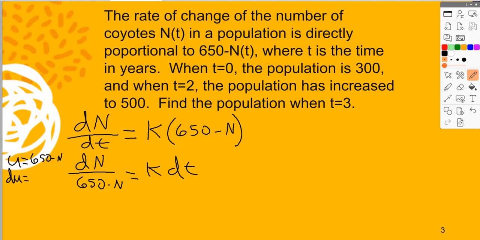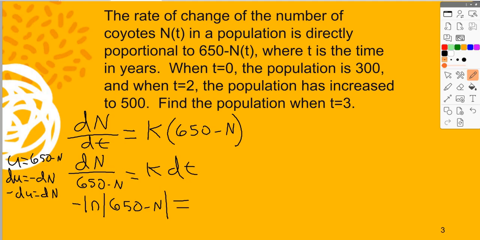Almost. Negative dn. So I am just going to end up with a natural log of the absolute value, but it's going to have an extra negative in front. And it's just going to be of u, because there's not anything else really going on. And remember, our u was 650 minus n.